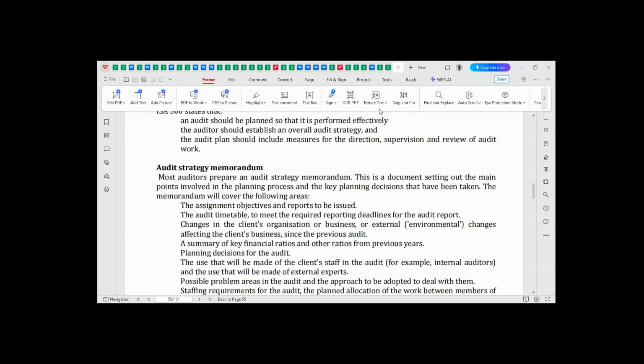So let's continue. The next information that will be contained in the audit study memorandum is the summary of key financial ratios and other ratios from previous years. Now, we have heard of ratio analysis. One of the indicators showing that an organization is at the brink of collapse is when you review their financial ratios, because they call it key performance indicator.